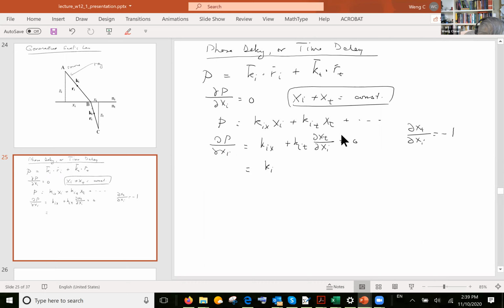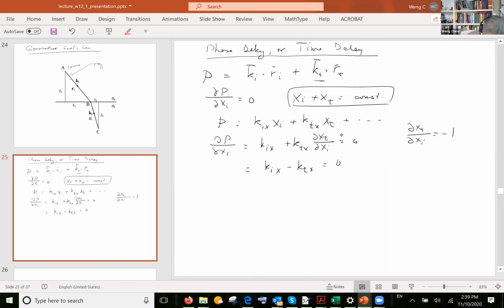So this says that kix minus ktx, sorry, this should be the x component here, the x component of kt, is equal to 0.